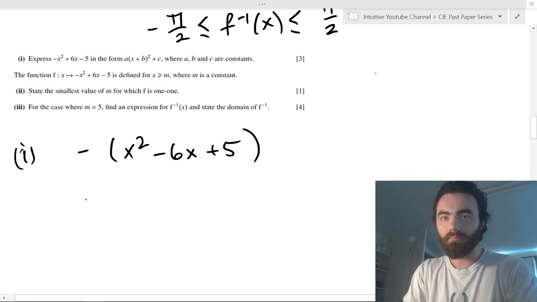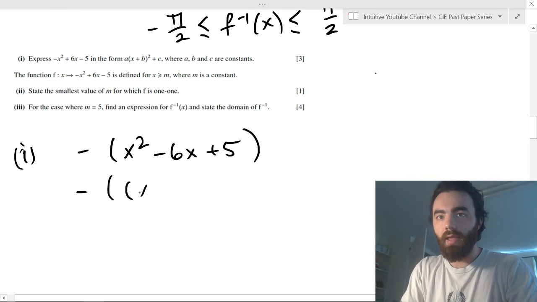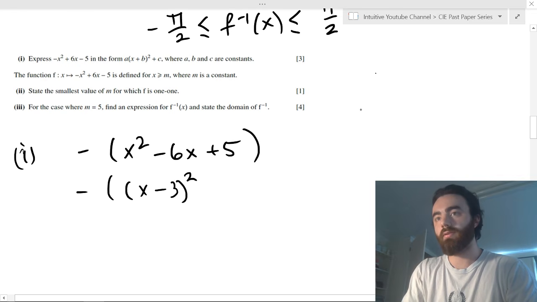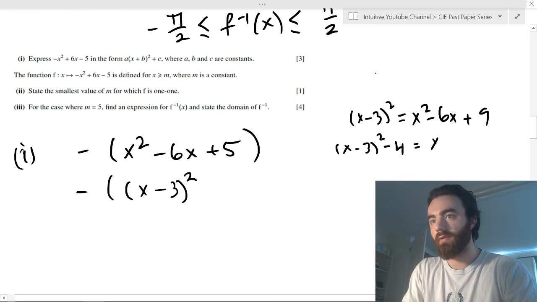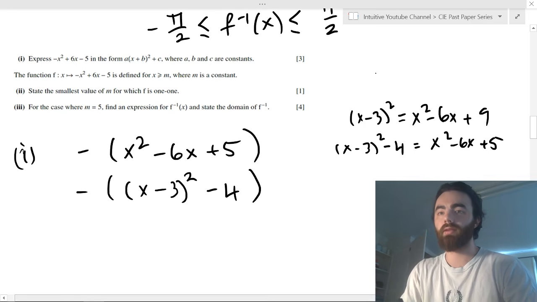And then I'd say, well, x minus 3 squared is going to give us x squared minus 6x plus 9. So to get the plus 5 on the end here, we're going to have to make it minus 4, which will give us x squared minus 6x plus 5. So there's a minus 4 on the end here.